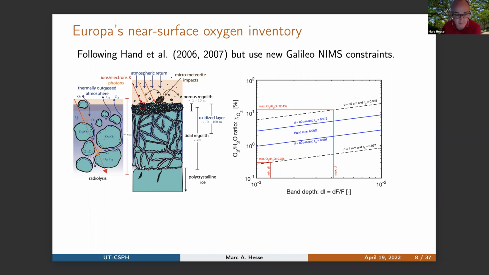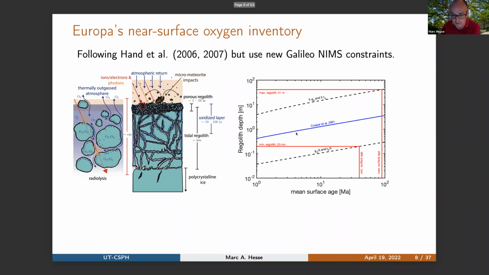And so as such, generally people assume that this porous regolith has the same oxygen abundance as what you see on the surface. And there's a question as to how thick this regolith is. And the regolith, of course, grows with surface age. The older it gets, the deeper the regolith gets.